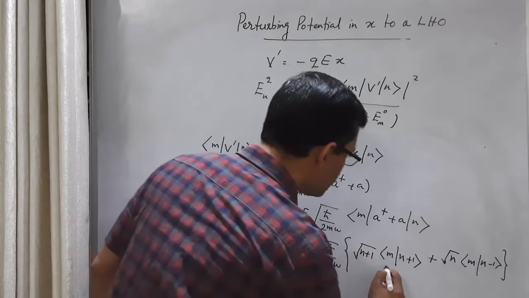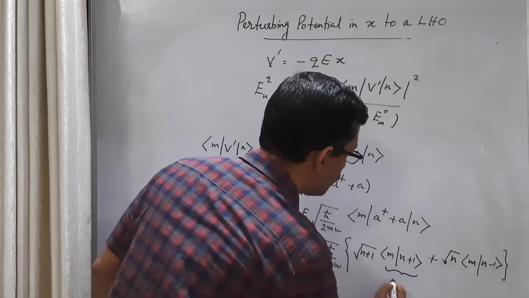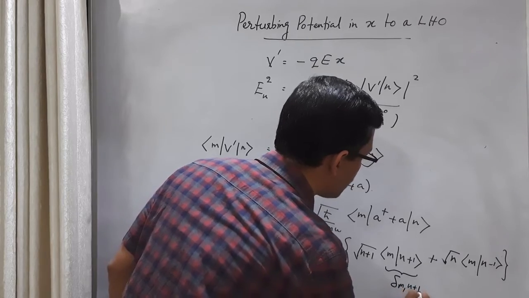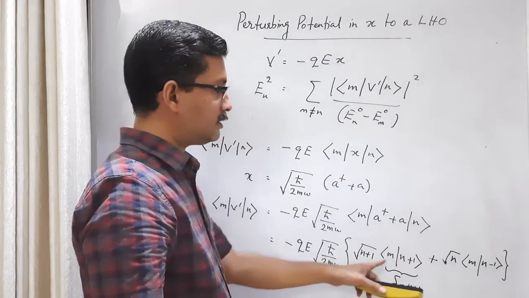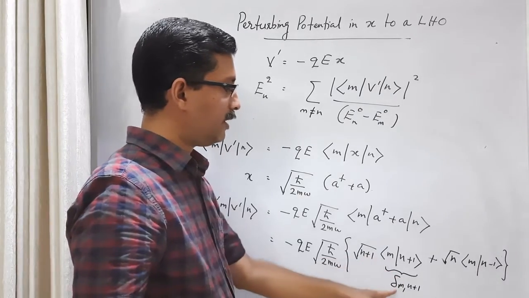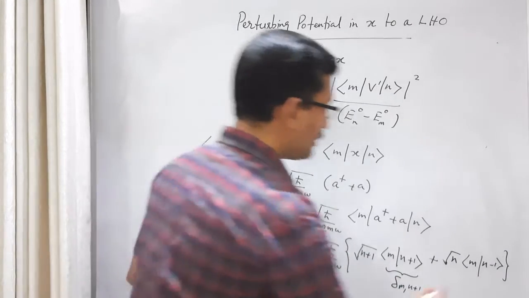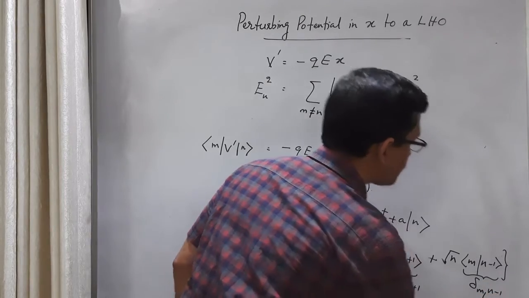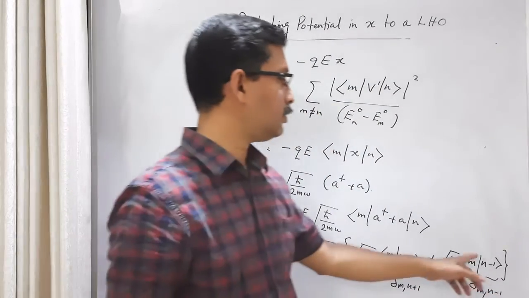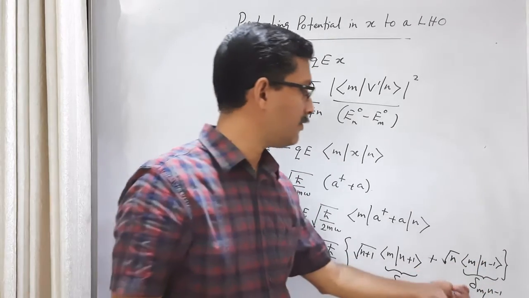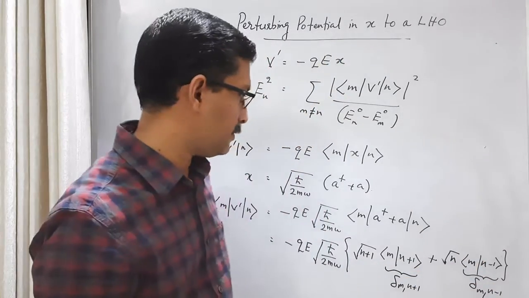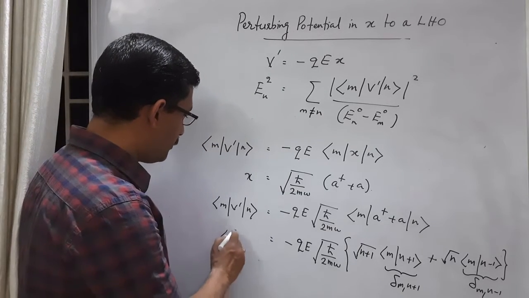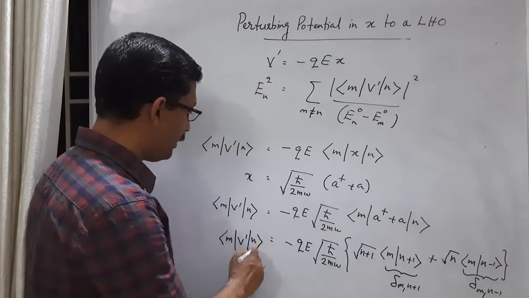So this term is non-zero. That means this term you can write as delta m comma n plus 1, a Kronecker delta. This is equal to 1 when m is equal to n plus 1. And similarly, this is delta m, n minus 1. So this will be equal to 1 or non-zero only when m is equal to n minus 1. So that is this matrix element m V prime n.